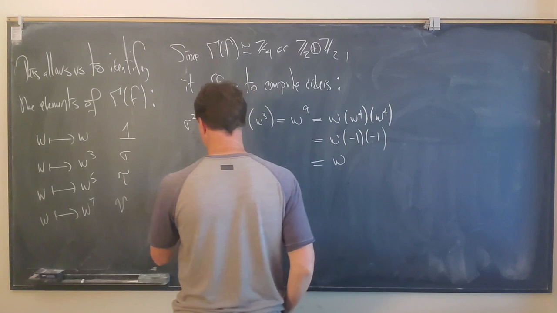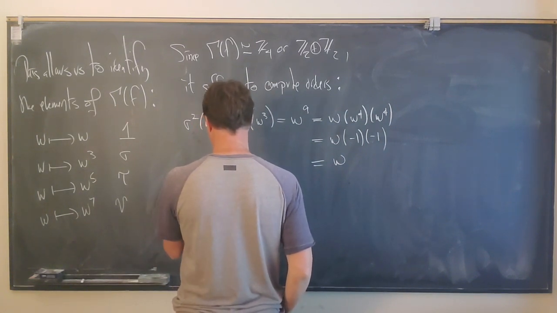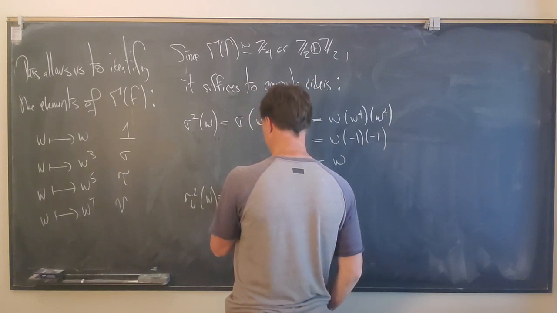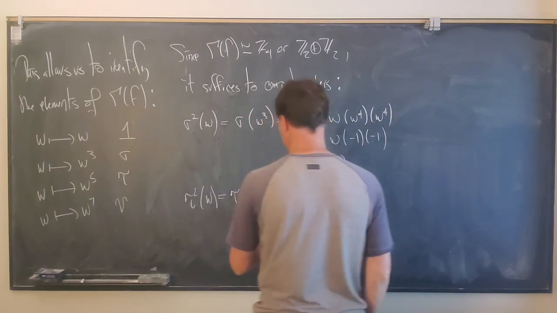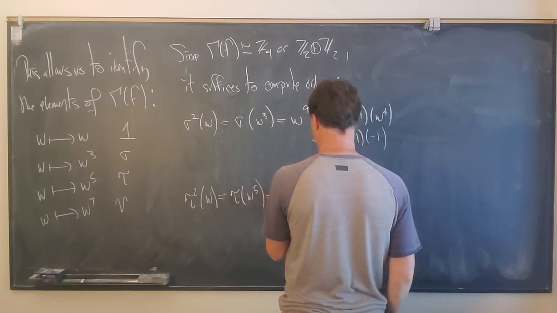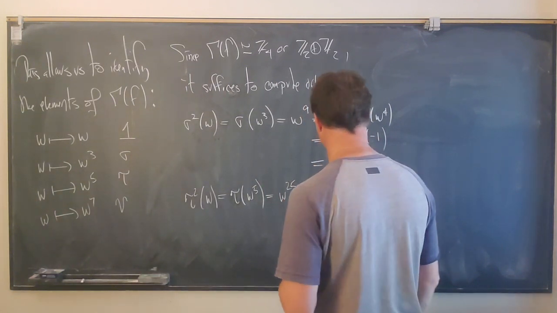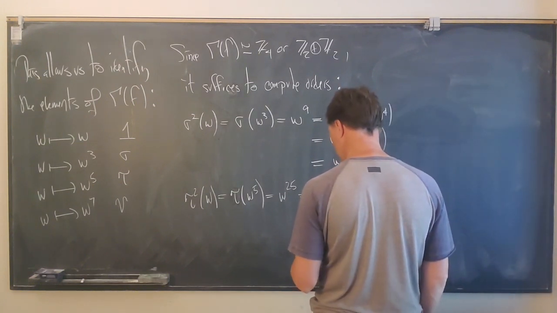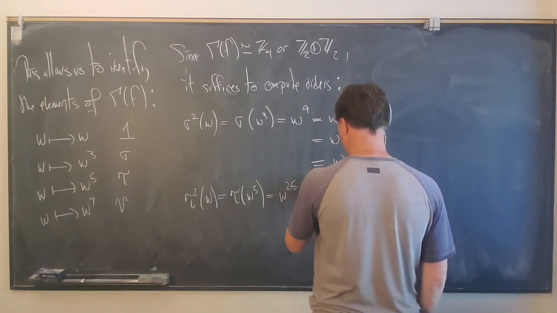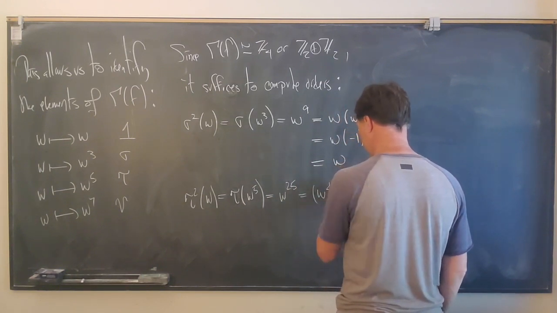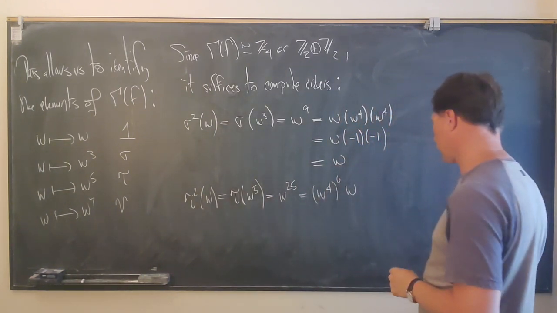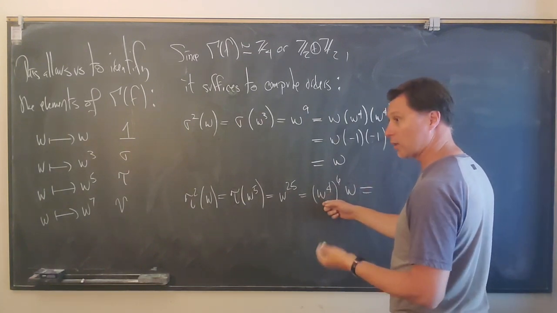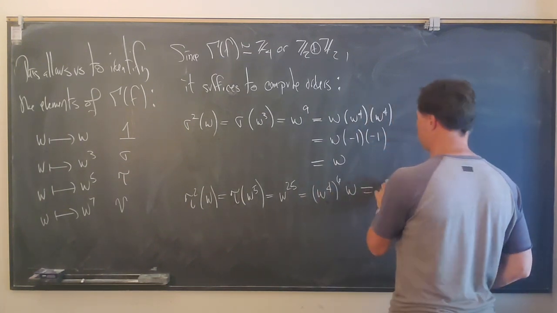Now we'll do tau. Tau squared of omega is equal to tau of omega to the 5th, which equals omega to the 25th, which equals omega to the 4th to the 6th times omega. Omega to the 4th is -1, raised to the 6th is 1, so it equals omega.